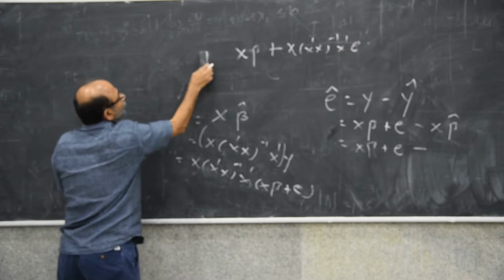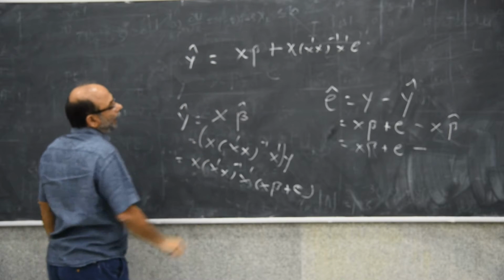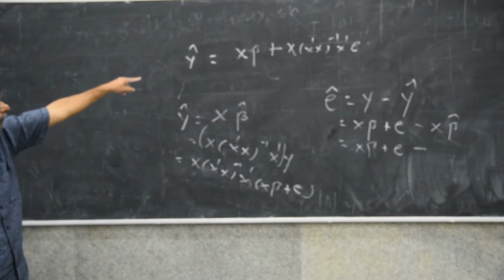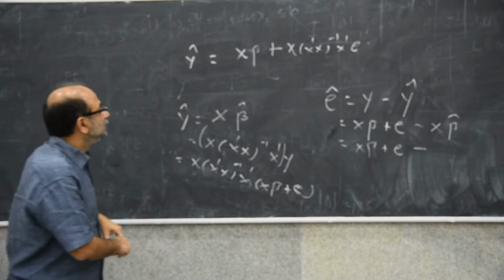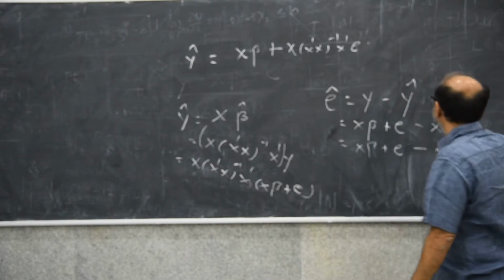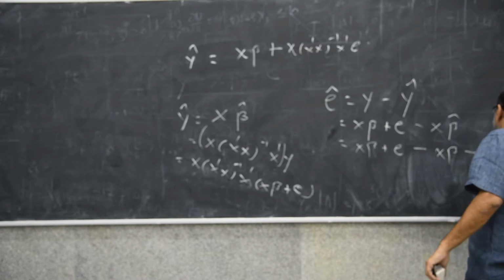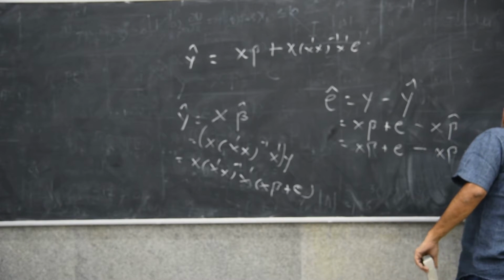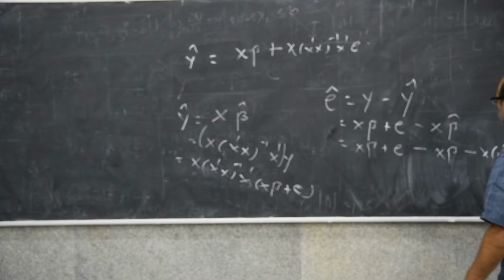So these two will go and you will have x beta here. We have y hat is equal to this. If I subtract from this, I get x beta minus x into x dash x inverse x dash x beta minus x into x dash x inverse x dash e.